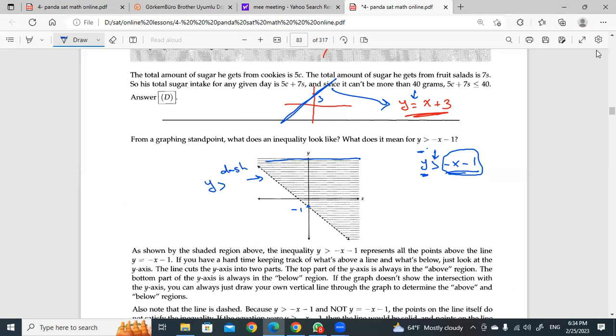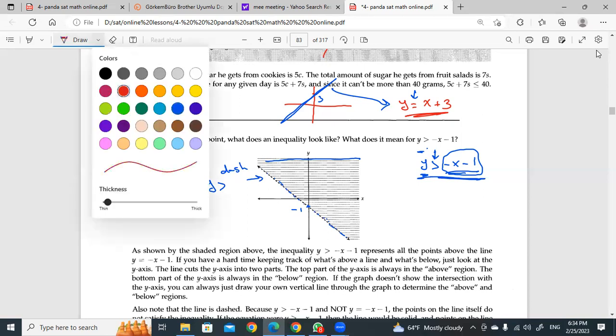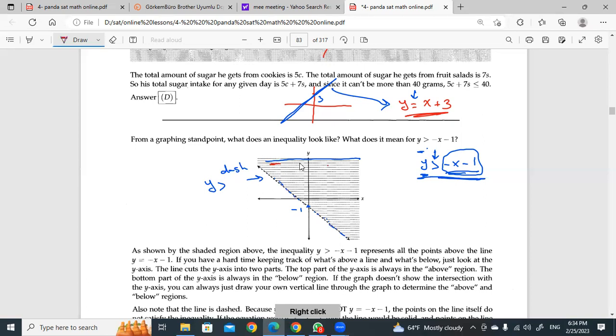So this is the line, drawn dashed. If you need y greater than negative x minus 1, this means that you are searching for all the area above this line. It's greater than it. All of this red area applies for this inequality.